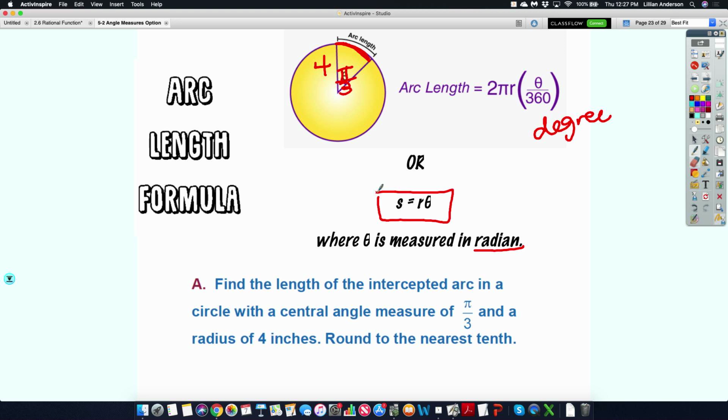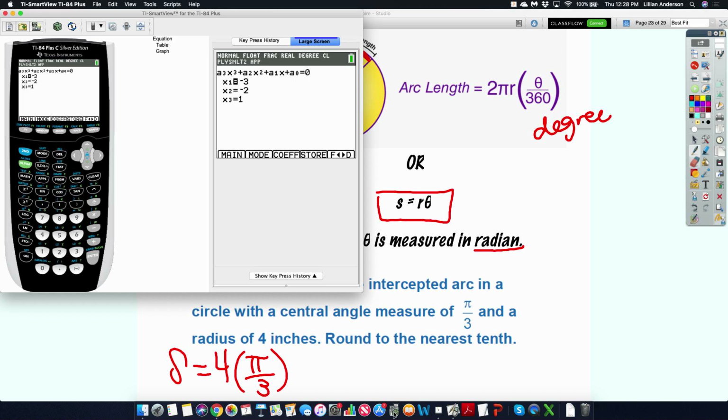And so all you do is multiply your radius by your angle. And that's it. And since it's asking us to round to the nearest tenth, we would type that into our calculator. 4 times pi over 3. Does everybody see where your pi button is located?